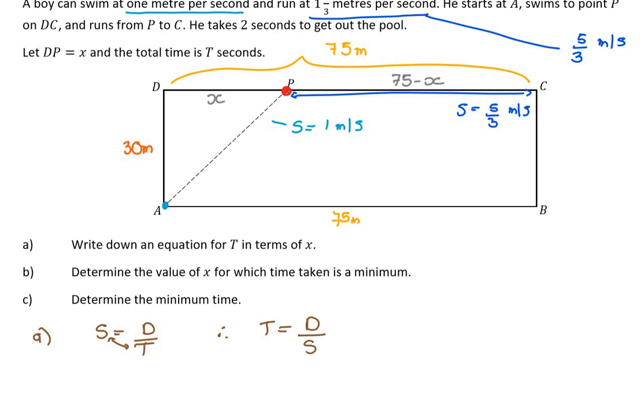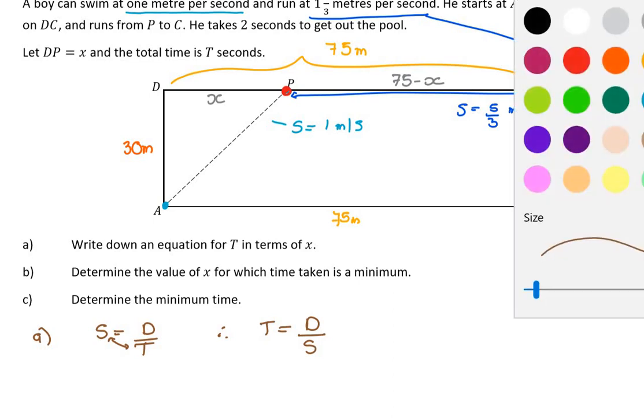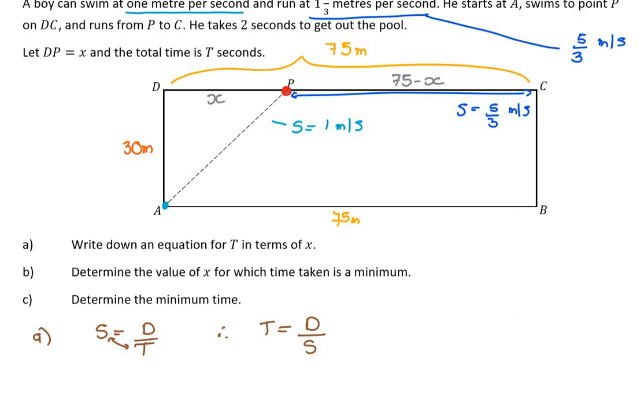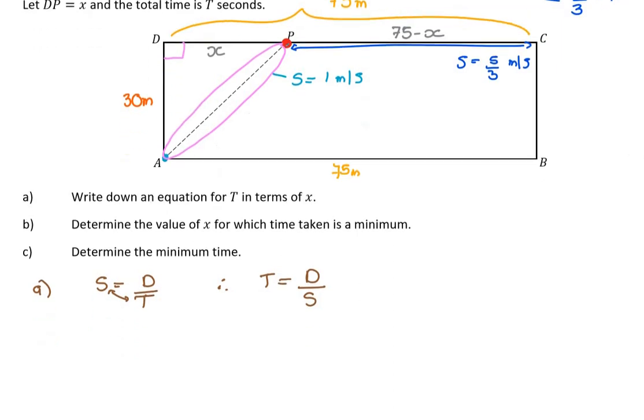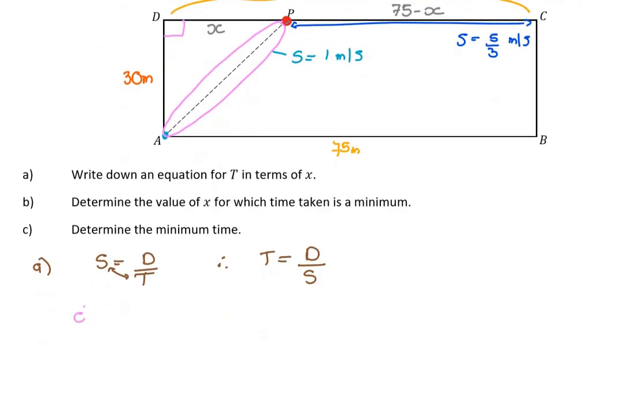So basically, I need the distance for each of these legs. I have the speeds. They're given to me. So what is the distance? So my first port of call is to figure out what's this distance here. Now, they haven't told me, but this is a rectangle. So this is a right angle triangle. So my distance from A to P, using Pythagoras' theorem, would be, or you could just use the distance formula, I suppose.